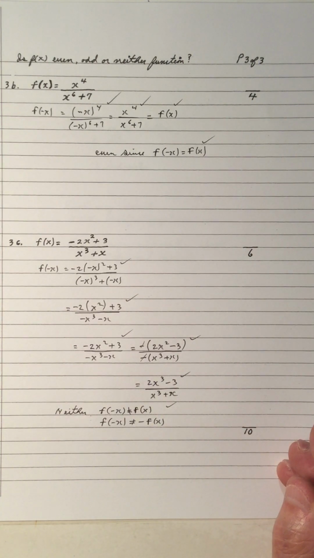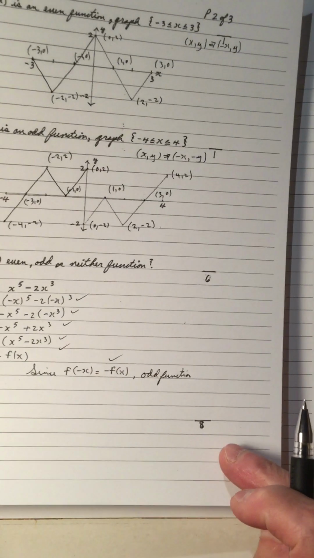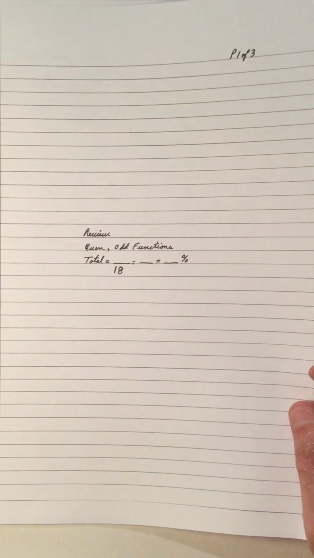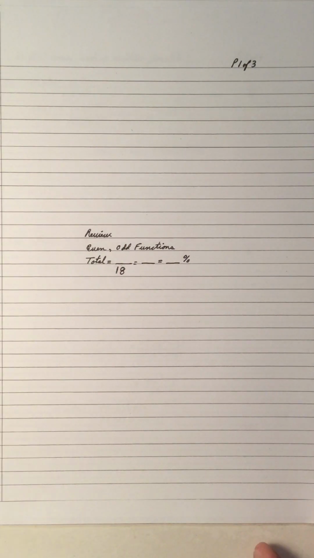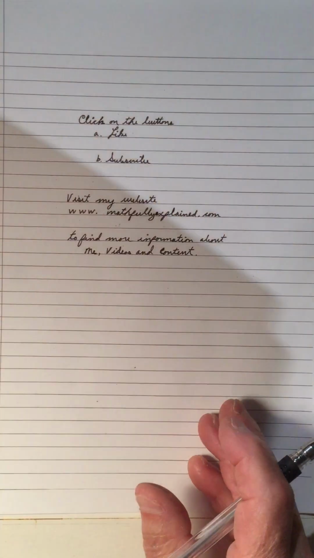That makes it 18 marks. The first page is 8, the second page is 10. Take your first sheet, write your score over 18 and convert it to a percent. And that brings the end of this video.